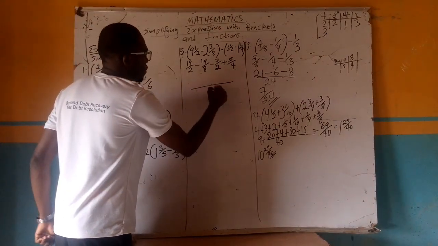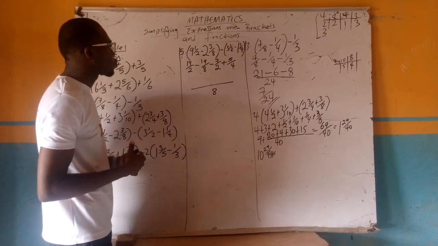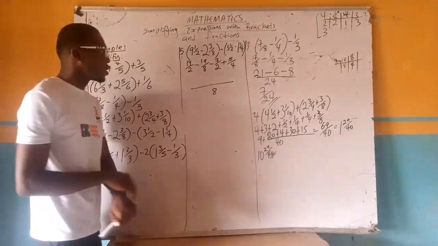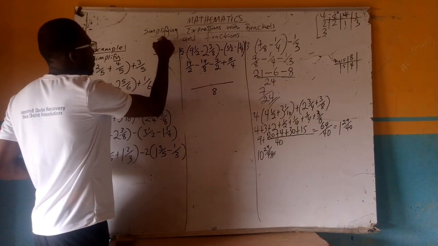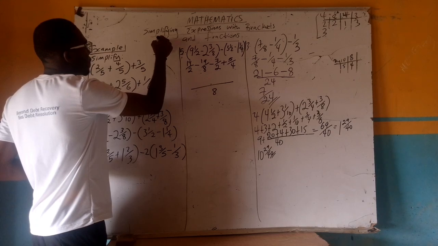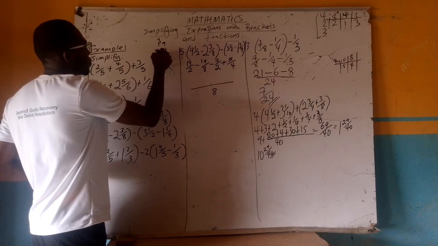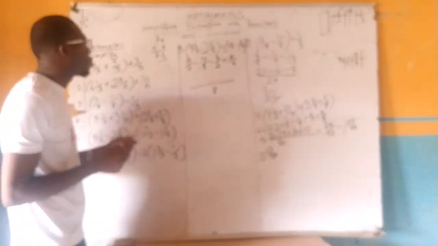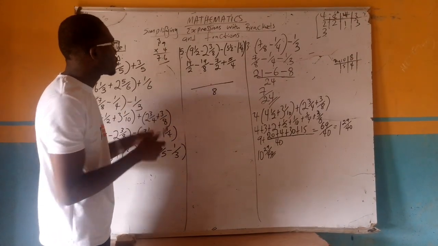So using our LCM, which is 8. Now 2 in 8 will give us what? 4. So 4 times 19 will give us what? 76.